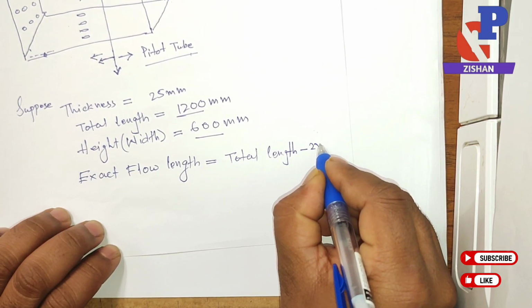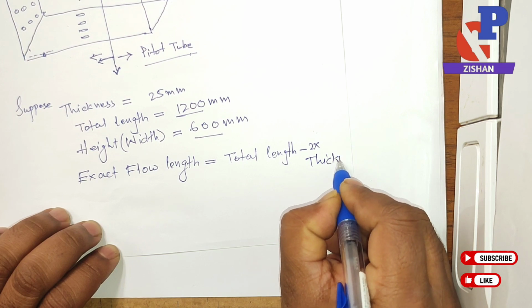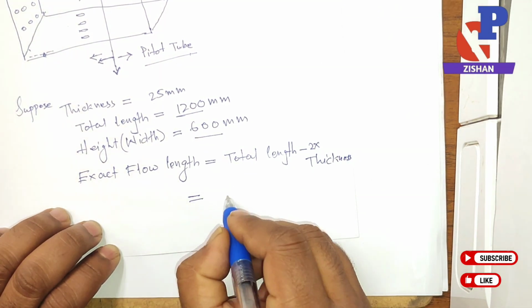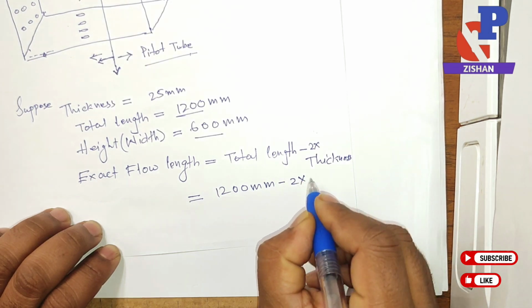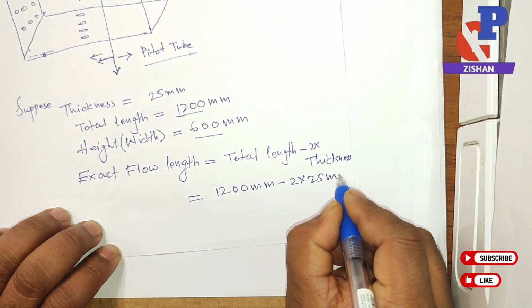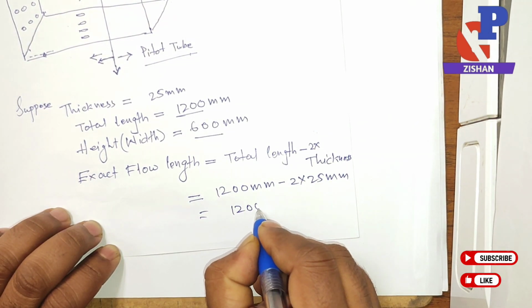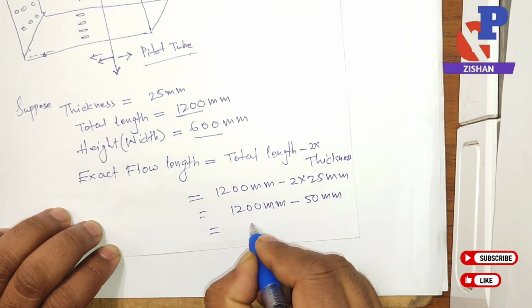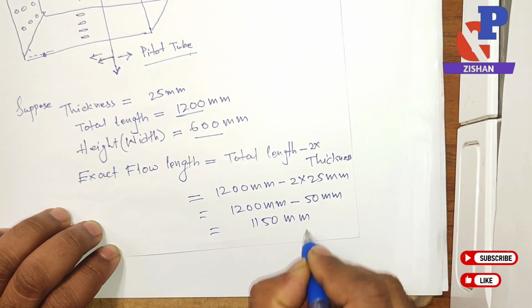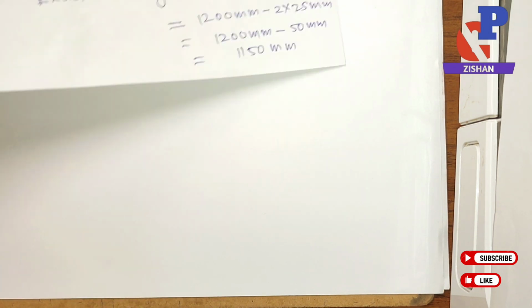Why multiplied by 2? Because the thickness is on both sides. So 1200 mm minus 2 into 25 mm, that is 1200 mm minus 50 mm, which is 1150 mm. The flow length is 1150 mm.